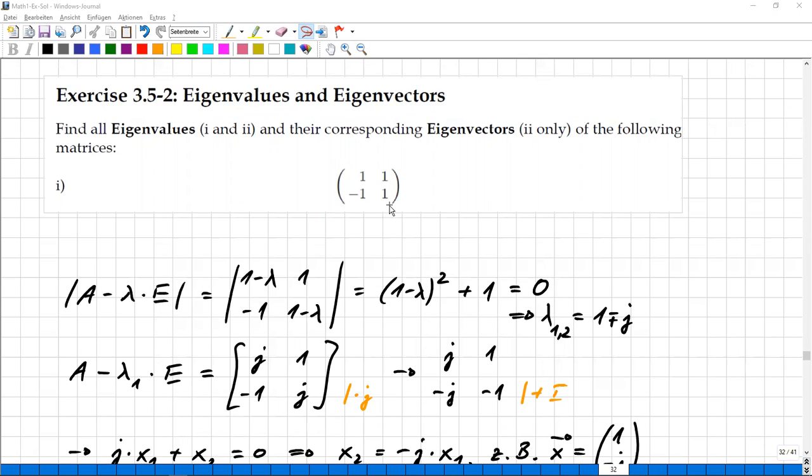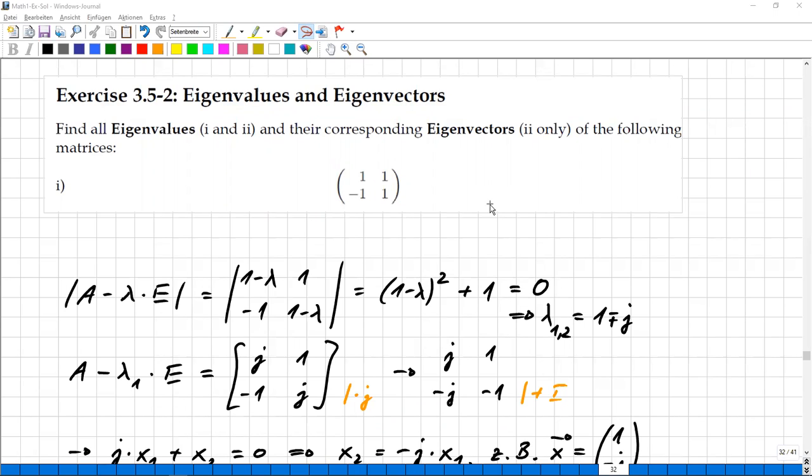It turns out that it has complex eigenvalues, 2 of the sort, and most interestingly, these 2 eigenvalues are even complex conjugates to each other. So this is not by chance, and what it means geometrically speaking is that there is not even a single direction in the 2-dimensional vector space which remains unchanged by applying this matrix.